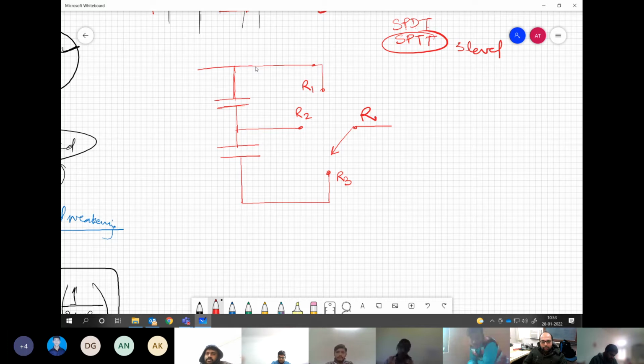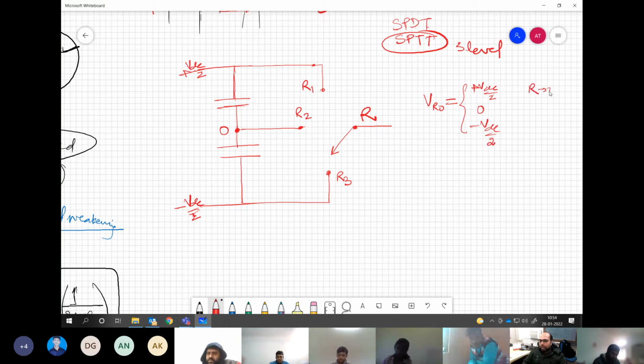Now this DC bus midpoint is a physical point which is having connection between the pole and this point. So with respect to this point, your positive voltage is plus VDC by 2 and minus VDC by 2. So based on where you are connecting your R, you have 3 possibilities: plus VDC by 2, 0, minus VDC by 2.